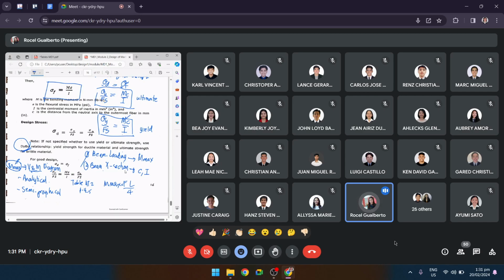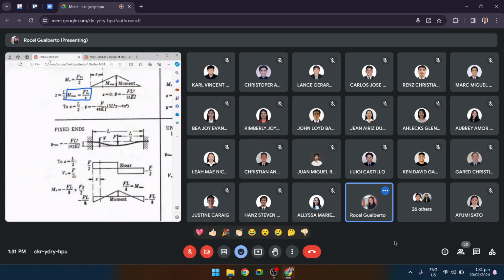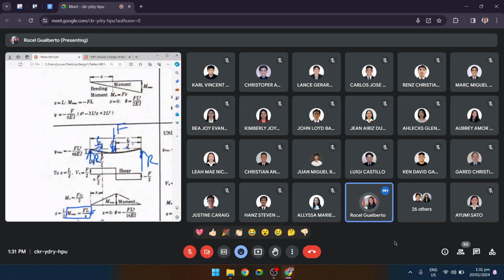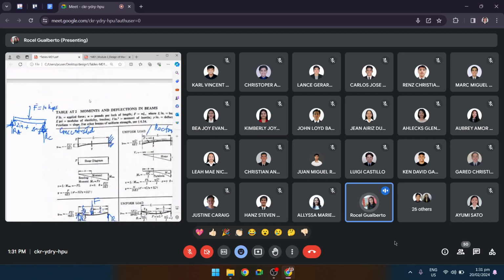Now, you look again at table 82. What we will get is this equation: M max is equal to FL over 4. Considering that, let us take the case for this one. What would be our answer? M max is equal to FL over 4.